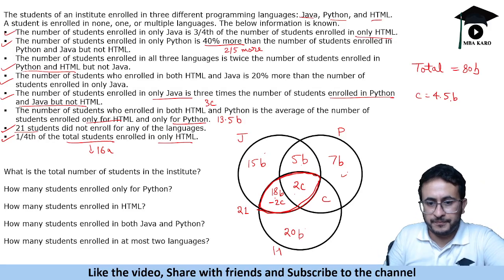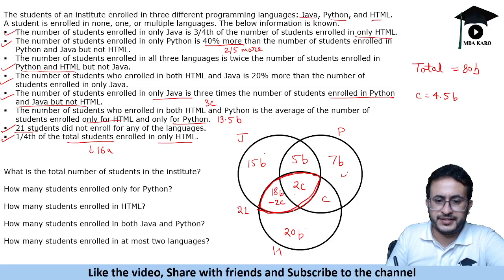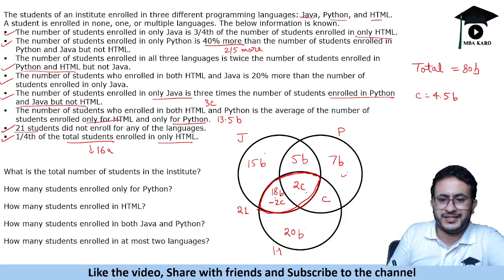Now what we can do here is, see, we are given almost all the values in terms of B, so let us convert this into B. So this becomes 9B, okay. This becomes 4.5B, and 18B minus 9B, that remains as 9B.